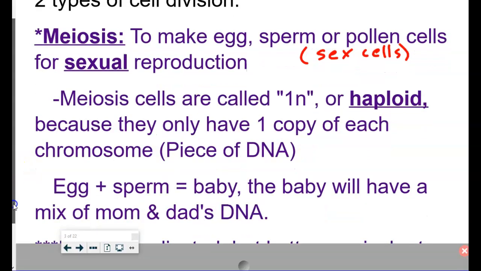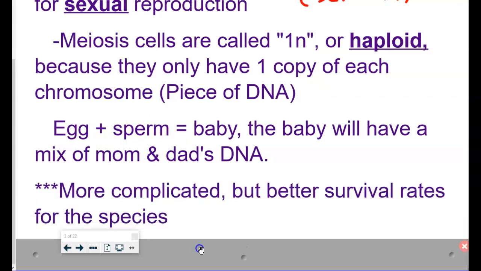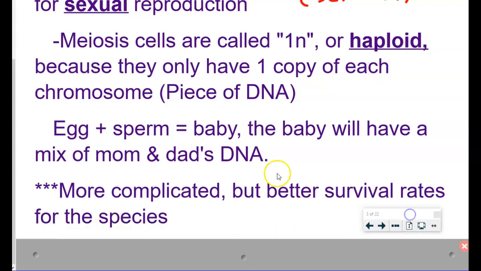That gives us eggs if you're a girl, sperm if you're a boy, and when you put those two together, you get a baby. That baby is going to be a mixture of some of mom's DNA that was in the egg and some of dad's DNA that was in the sperm. So the baby is not a clone of mom or dad, but a mixture of it.